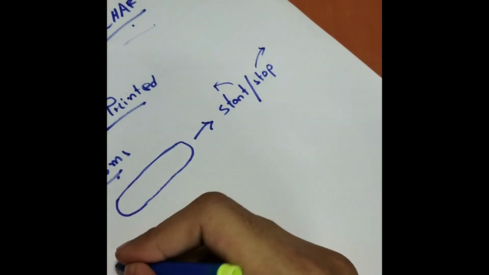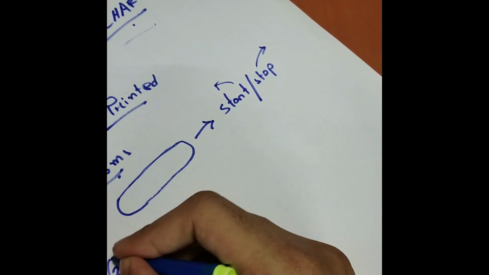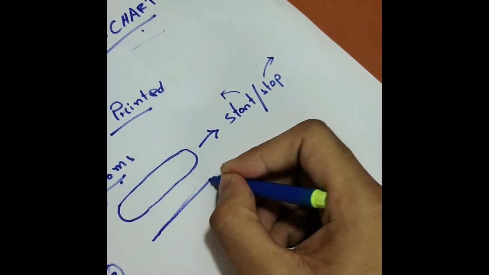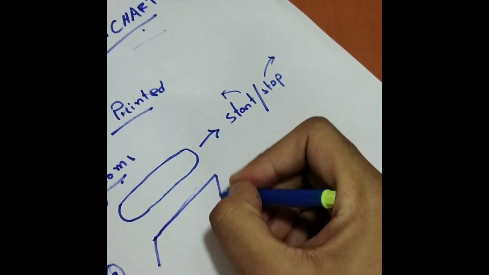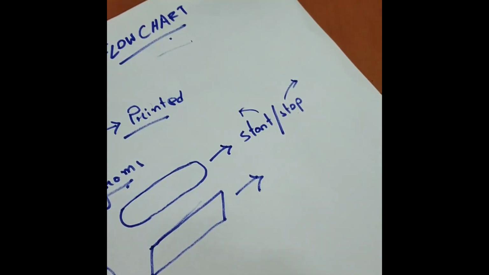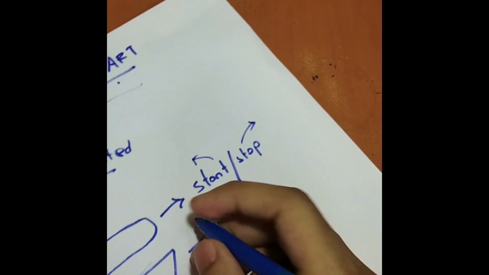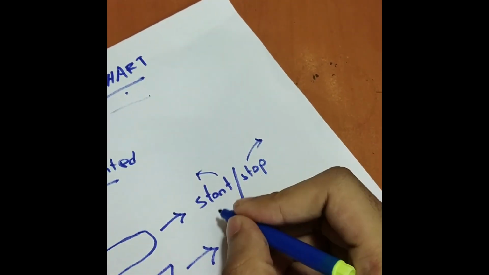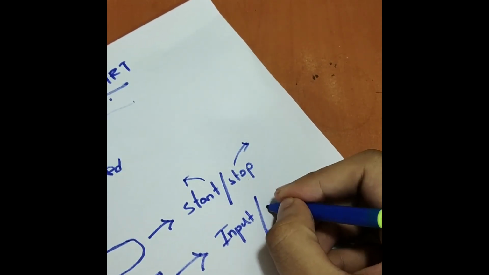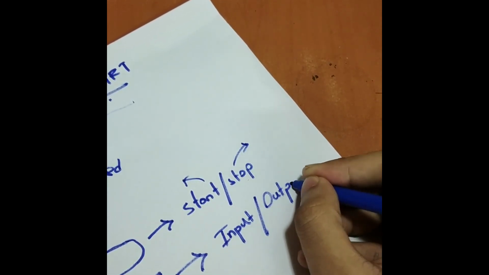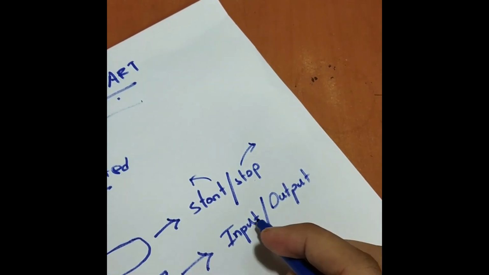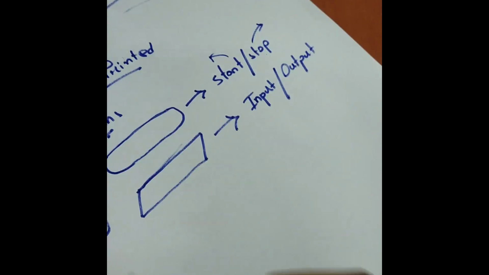What's next? Next is this one, a parallelogram. It gives input and output. I can use this diagram for both functions, input or output, right?